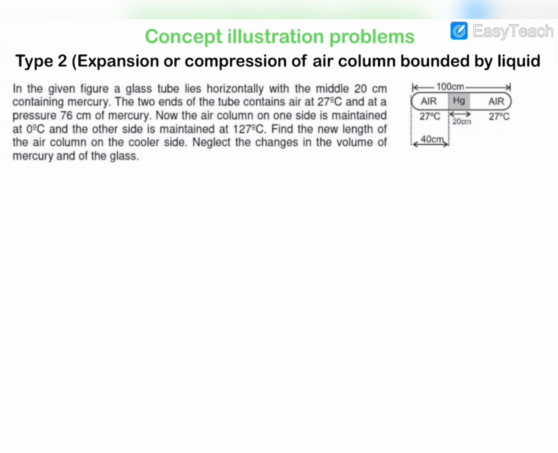Now we can assess the situation: obviously the initial pressure is the same, because only then will this mercury remain in its position and the volume be the same. And finally, when we change the temperature, the mercury will shift towards one of the sides.